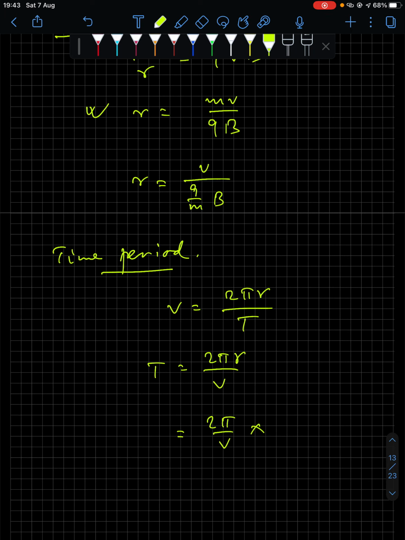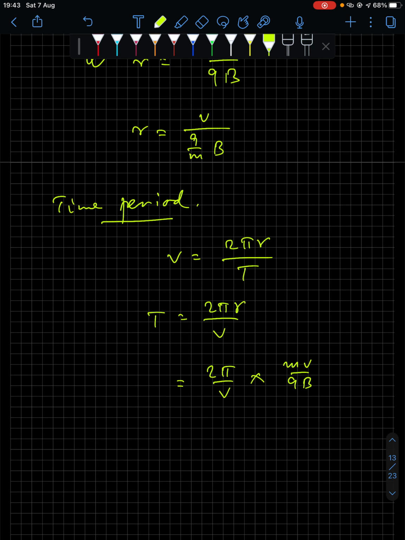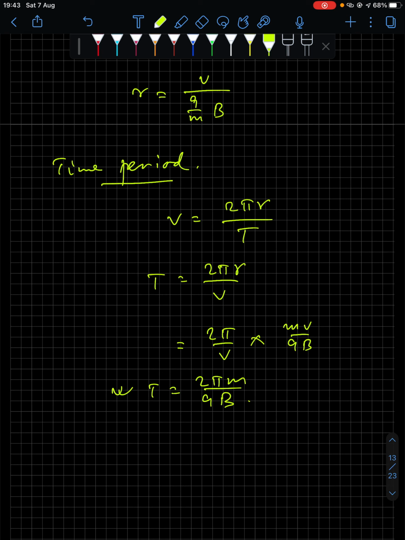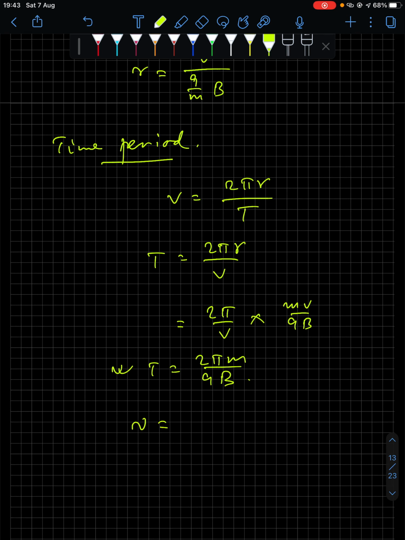So you can write 2π/v into r. What is the value for r? That is mv/qB. And you get this as 2πm/qB. So this is the relation for time period. Time period is 2πm/qB.